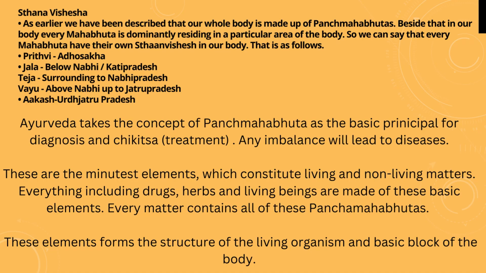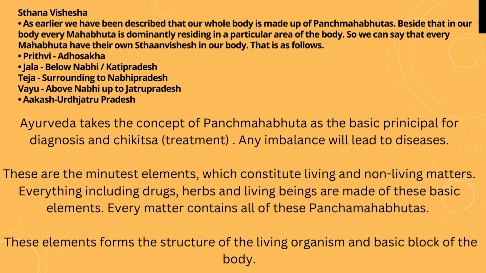Every Mahabhuta resides in a particular area. Akash resides in the upper part of the body. Vayu resides above the navel. Agni resides in the navel. And Jala resides below the navel. And Prithvi resides in the covering of the body.